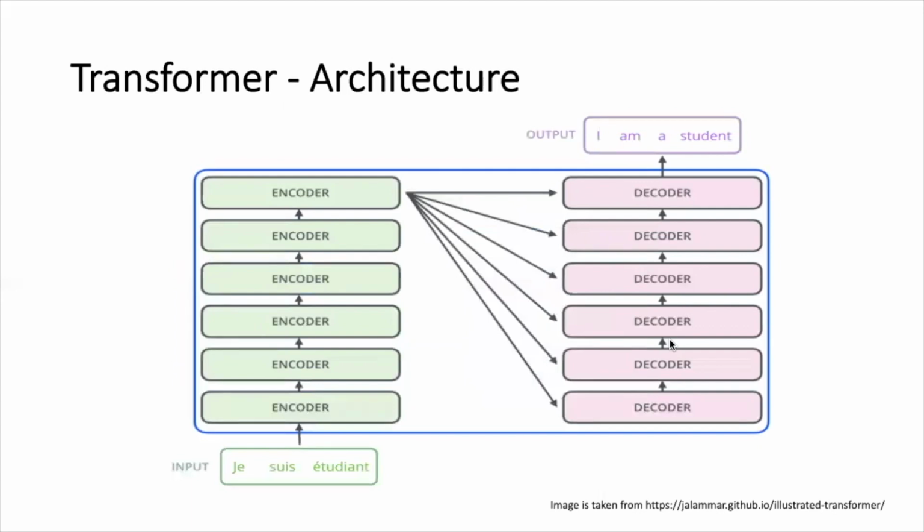If you look at a closer view, we see that the encoders are stacked on top of each other, and similarly the decoders as well. In terms of the flow of the inputs through this stack of encoders, for each input word, for example, here we have three input words, they are passed on to the first encoder block.